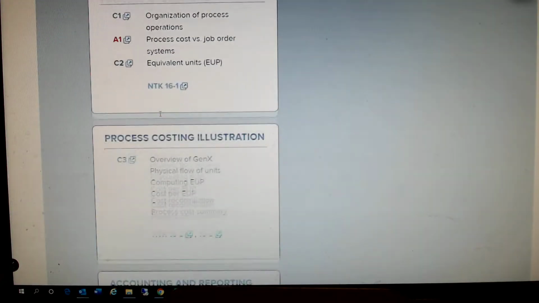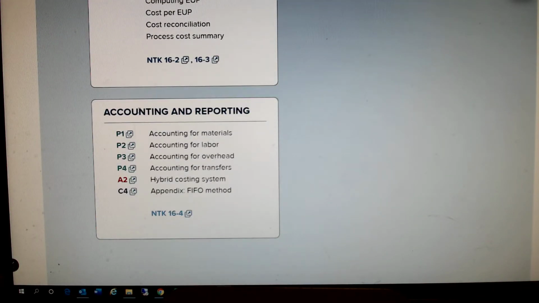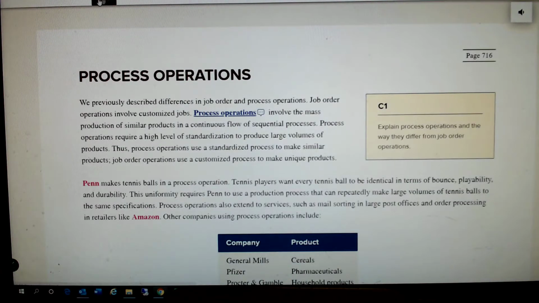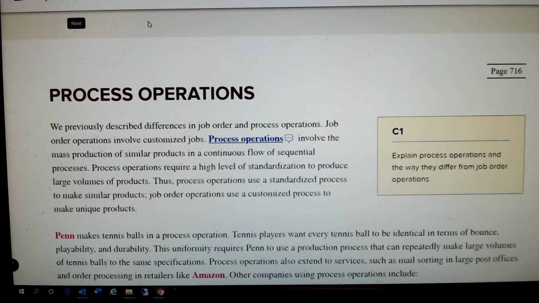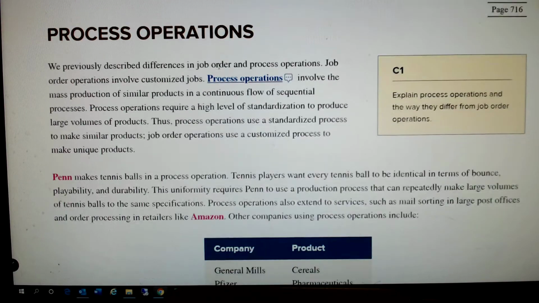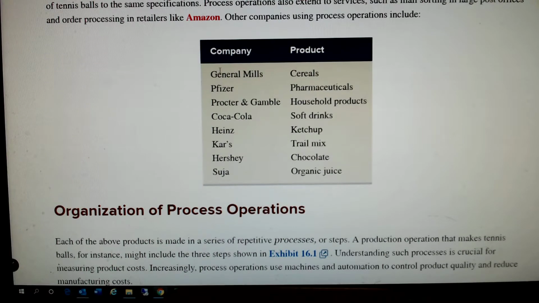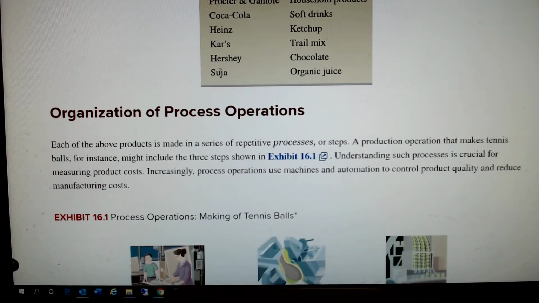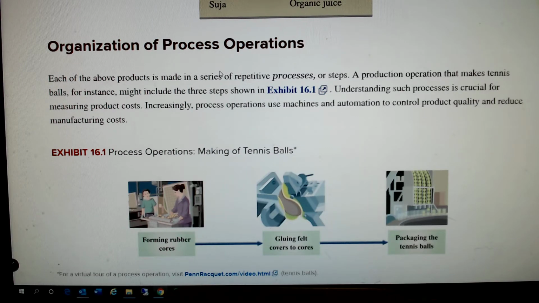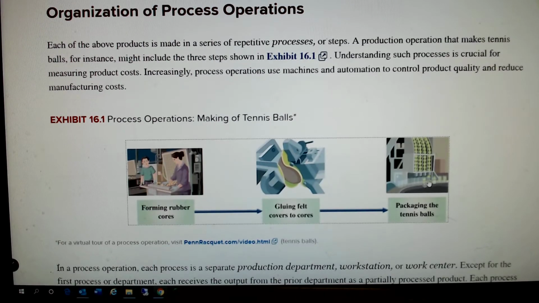What I'd like for you to take a look at is, rather than doing it here, we'll just go forward. The chapter starts off talking about what process costing is, process cost operations, and what types of products are processed through that process. A process really is like an assembly line where you just have products going by and there's really no start or stop to the job, like tennis balls, glue, things like that.